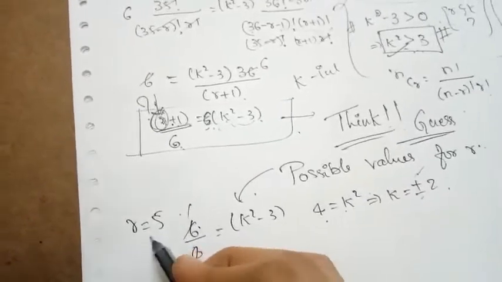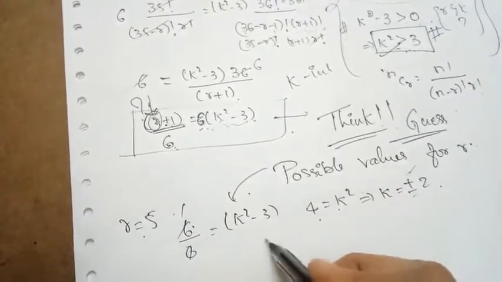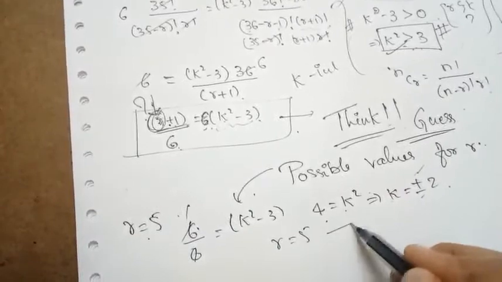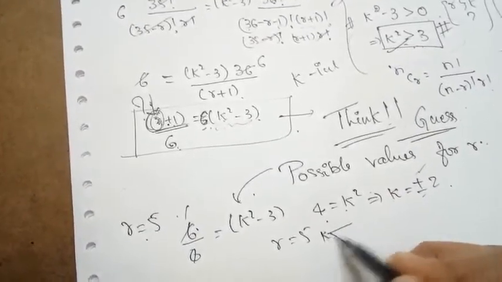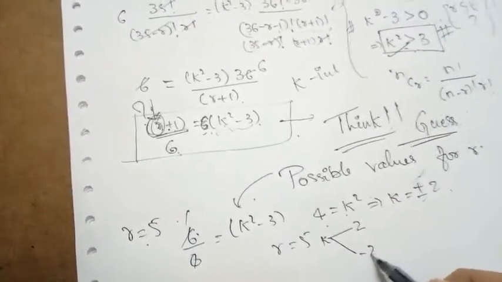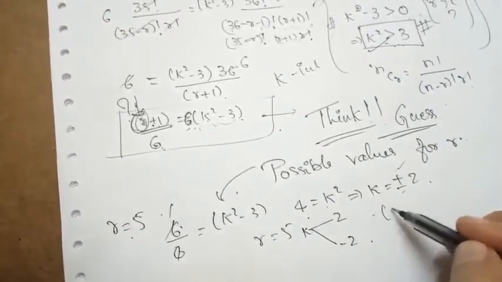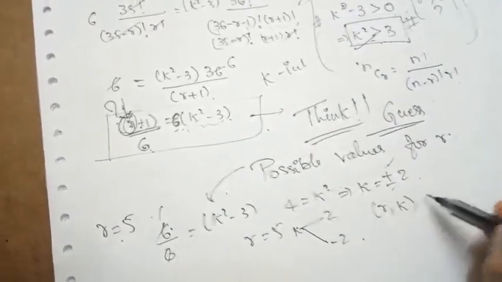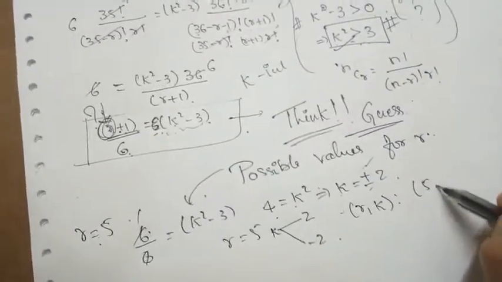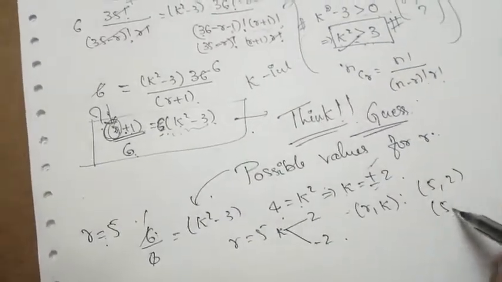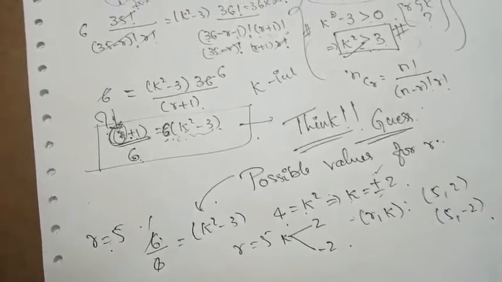So for R equal to 5, we have two values of k, plus 2 and minus 2. The ordered pair should be in the form R comma k, that is 5 comma 2, and another one is 5 comma minus 2.